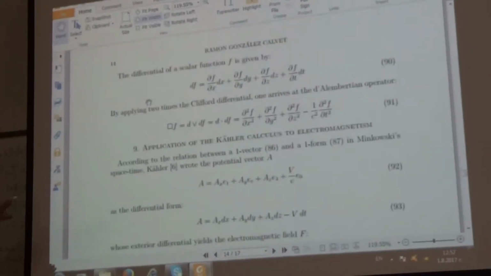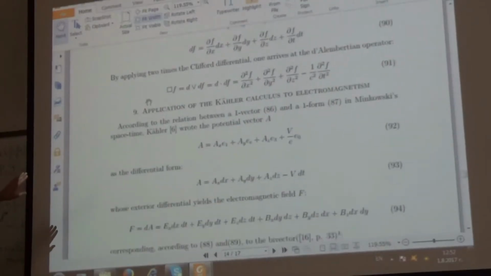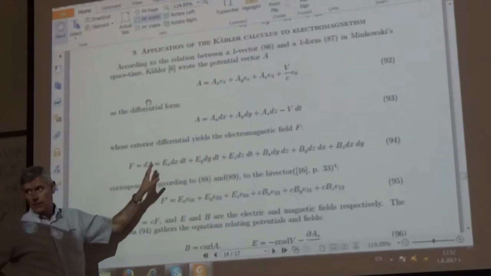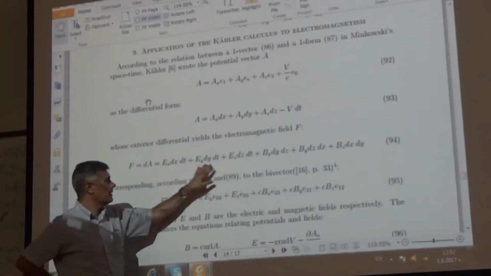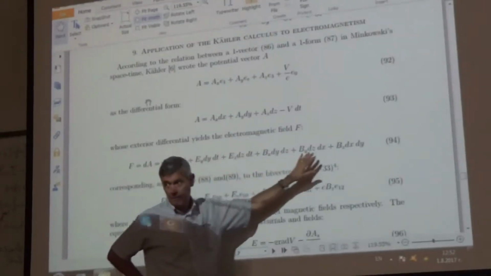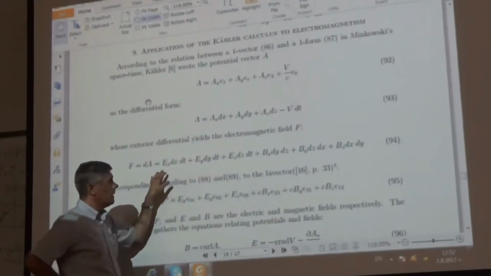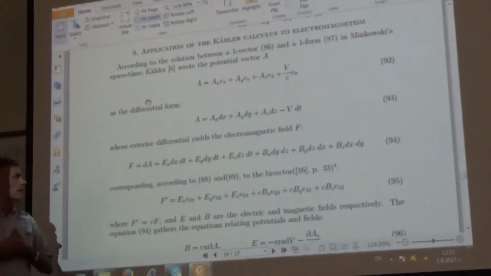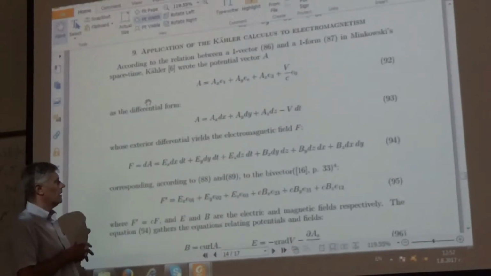And we can apply this to electromagnetism. The field, which is the addition of the electric field and the magnetic field, is a vector. Okay. Two differential forms, let us talk in the right way.